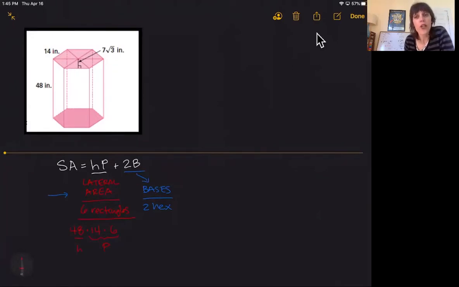It's just a quicker way to get that lateral area. So when I multiply 48 times 14 times 6, and I'm just using my calculator here, I get 4,032. So my lateral area, the HP part, is 4,032.